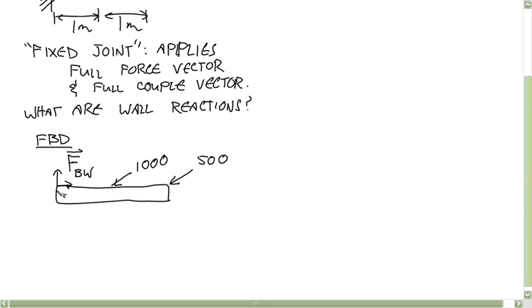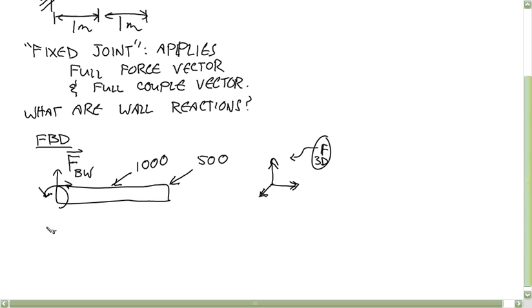And then there's also a couple applied by the wall to the body. I'll represent it like that in 2D. In 3D, by the way, I'll represent couples like this with little doubled arrows, so that's if it's 3D. Okay, that's a full free body diagram.